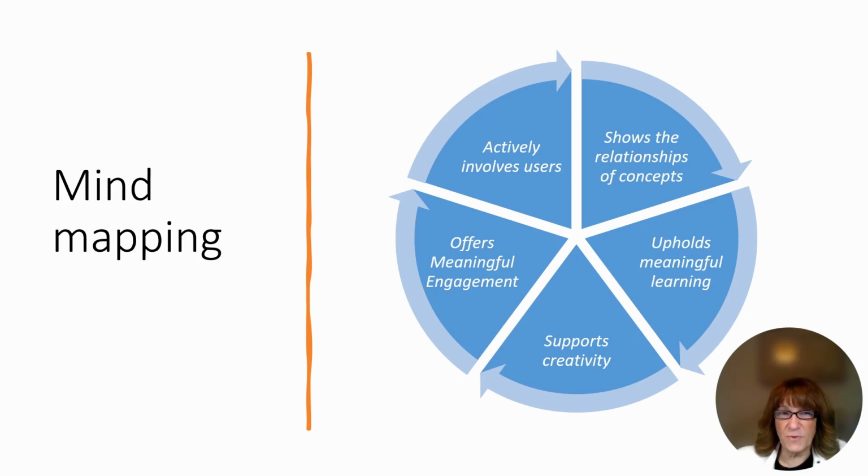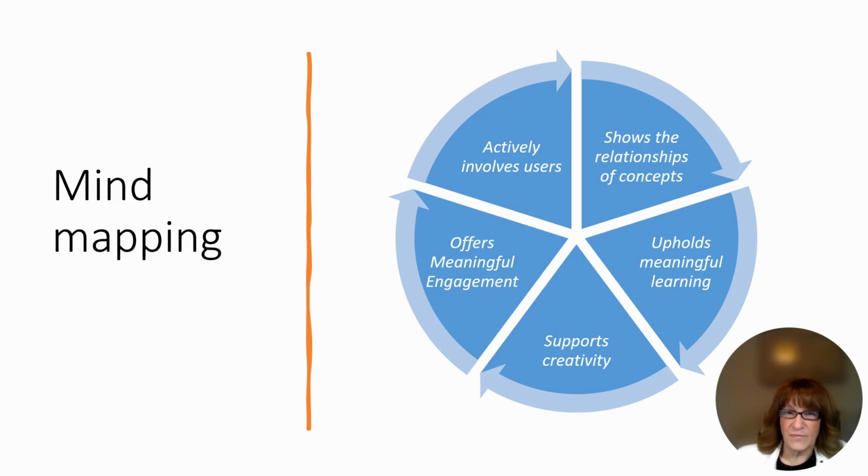Apart from brainstorming, we have mind mapping. And this is a kind of brainstorming also that upholds meaningful learning. But how does that work? It shows the relationship of different contents, different ideas and different concepts.